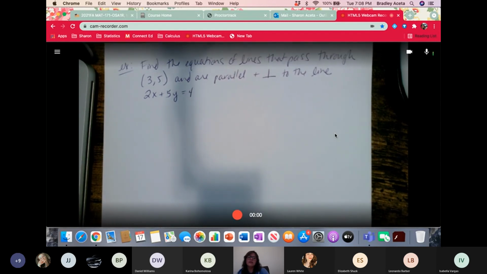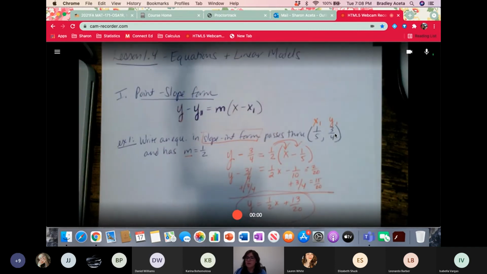Find the equations of the lines that pass through 3,5 and are parallel and perpendicular to the line 2x plus 5y equals 4.